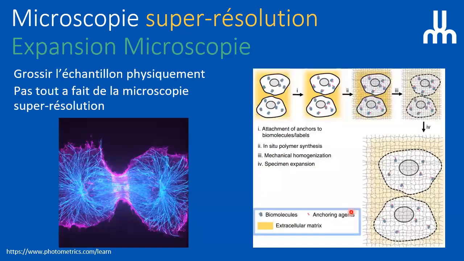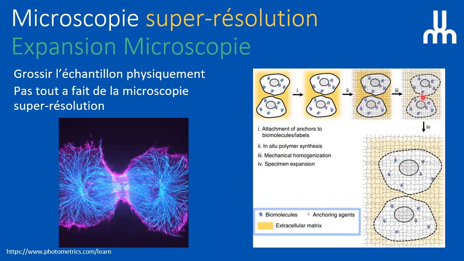Another technique is called expansion microscopy. It's not really a microscopy technique because it doesn't use light to get a better resolution of the sample; instead, it's just making the sample bigger. You take your sample and put a flexible mesh around it, kind of a gelatin, and then you dip it into water or another component that makes it blow up.